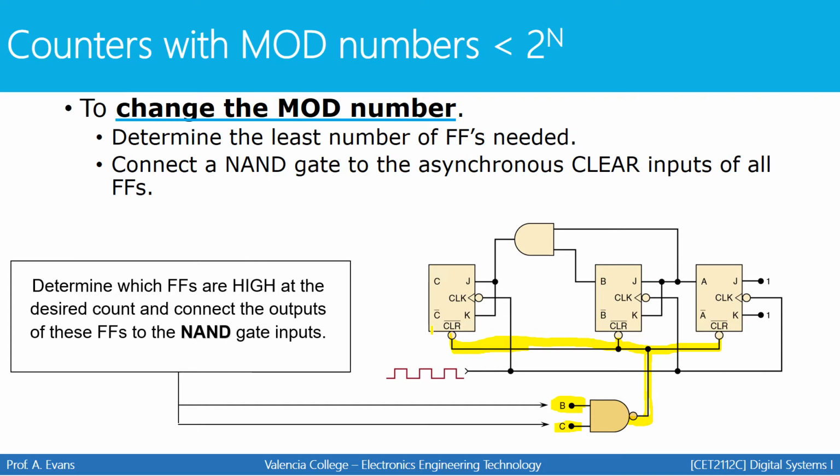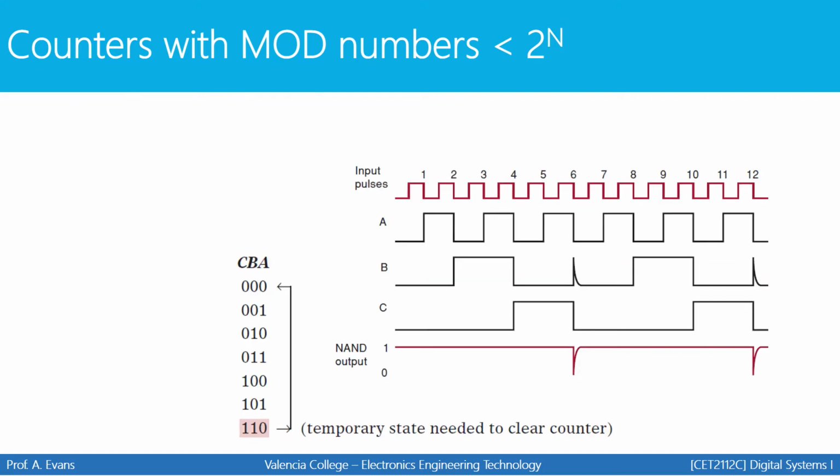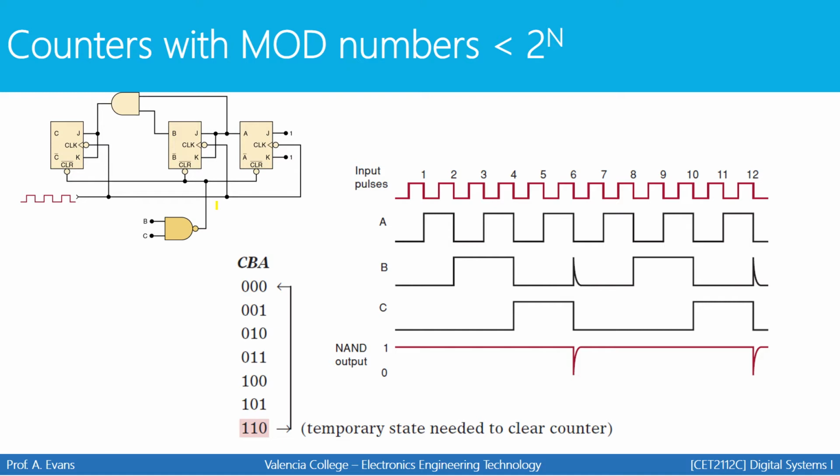So my question is, if B and C are going to be high when this NAND gate sends the signal, how have we changed the counter? What is it going to count up to now? Let's take a look. So here's our circuit where B and C are connected to the NAND gate. So let's assume it just starts counting from 0.